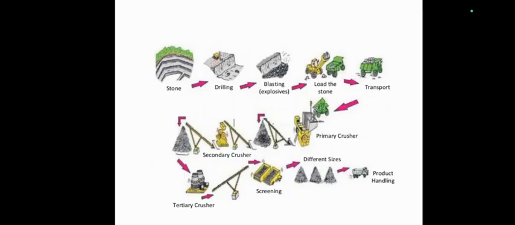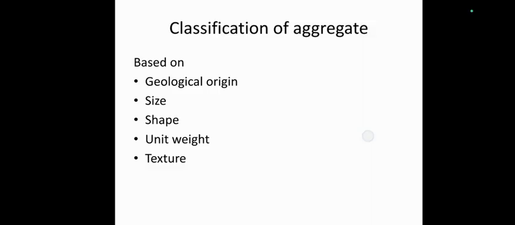Further, if you want chips, it is sent to another process called secondary crusher and tertiary crusher, and then sieving is done. Different sizes like 20 mm, 10 mm, chips of 6.5 or 7 mm, will be obtained, and they will be transported based on the requirements.